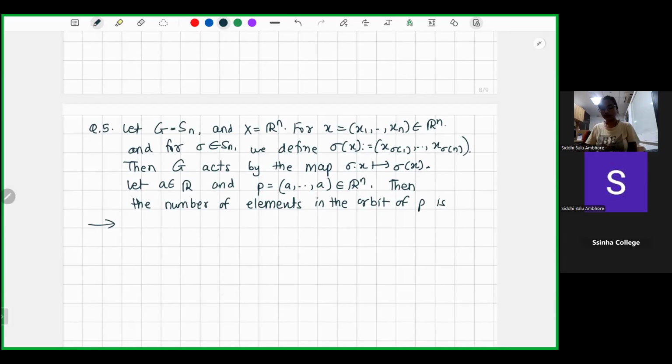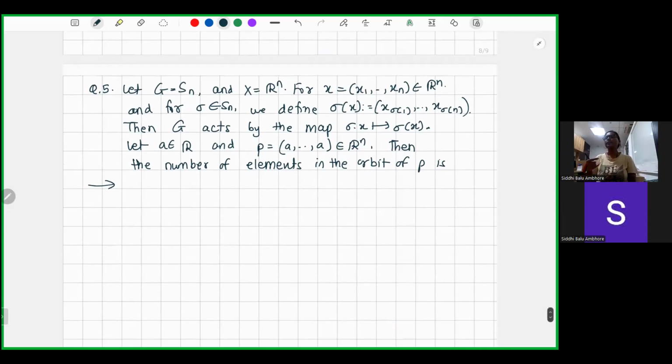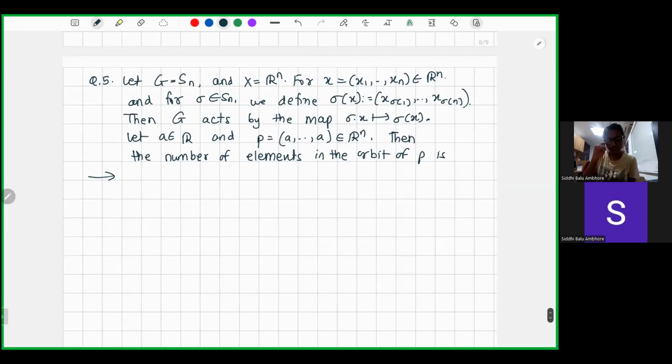So first of all, let us understand how the action works. In the first question which we tried to solve, I4, the set on which the group was acting had only 4 elements. But now this is a completely different action. This is G acting on Rn, again giving me some element in Rn.